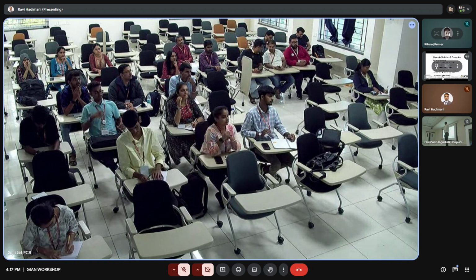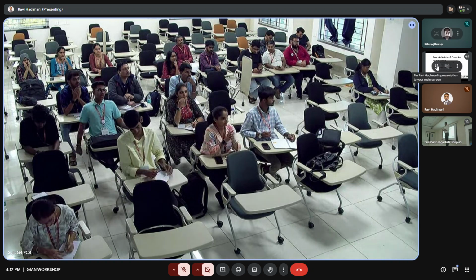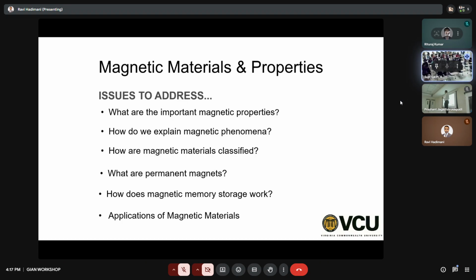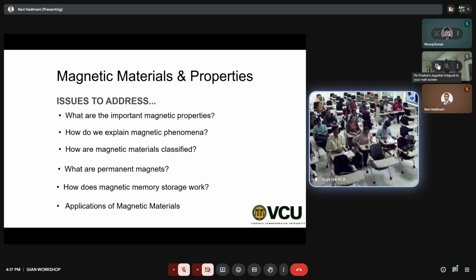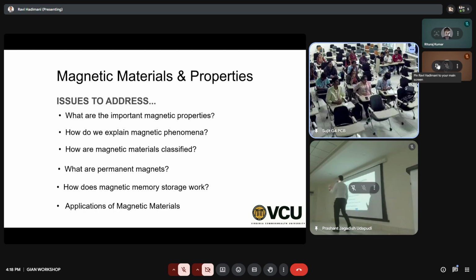If you have studied Callister, a lot of the slides come from Callister, but I go beyond the slides. Not just the theoretical part, but also some of the things that can only be explained by somebody who has experience in the field. So we are going to look at how we can generate a magnetic field, what the different types of magnetic materials are, what the important magnetic properties are, and how the phenomena originate.